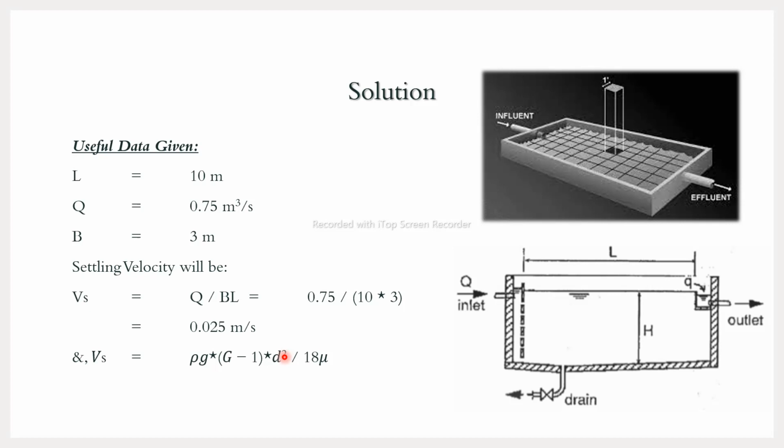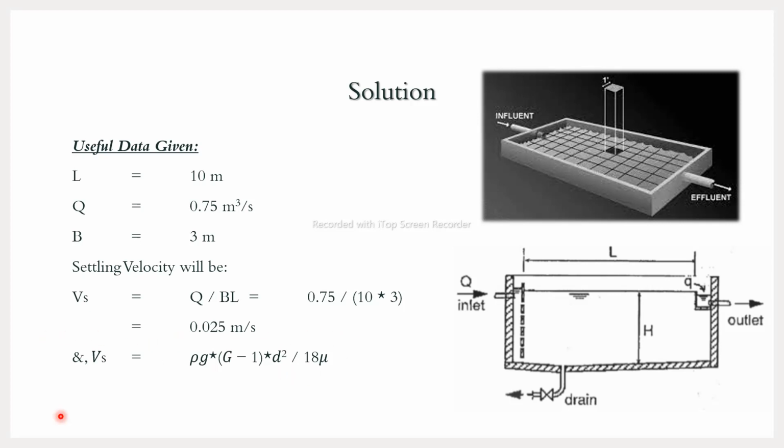Buoyancy is the weight of the liquid that has been displaced. So the displaced water volume equals the volume of the particle. If the particle is spherical in nature, 4/3 pi r cube will be its volume.